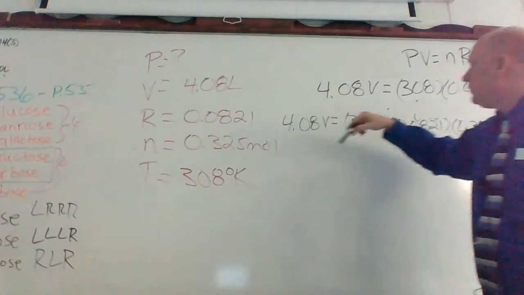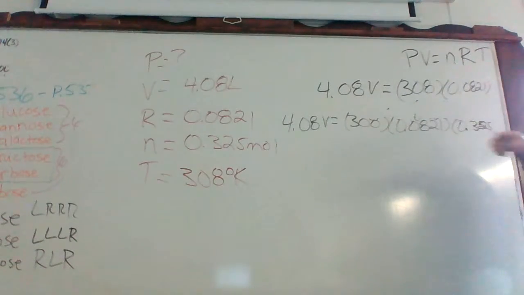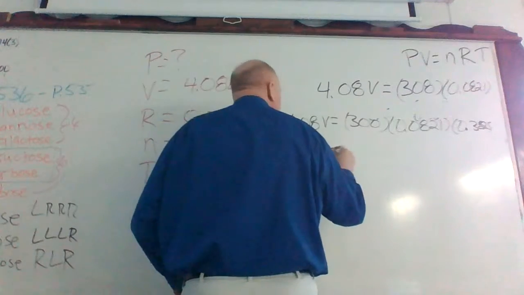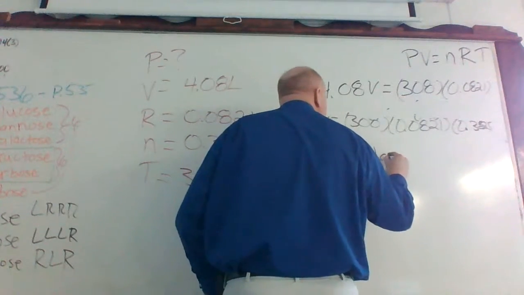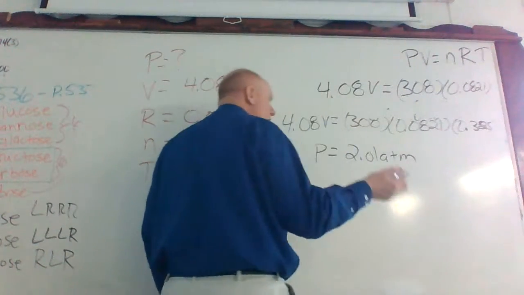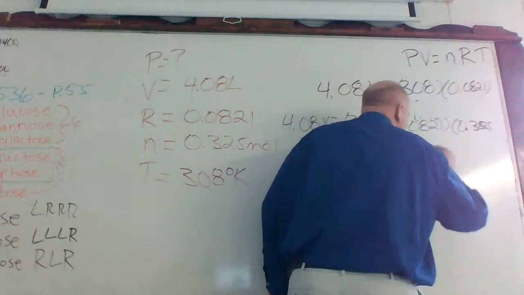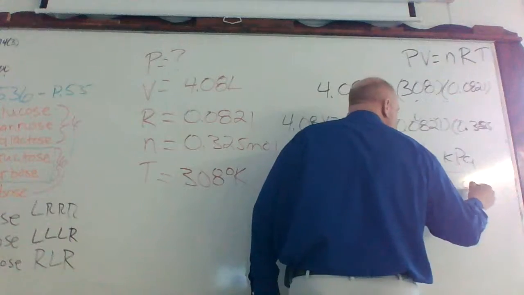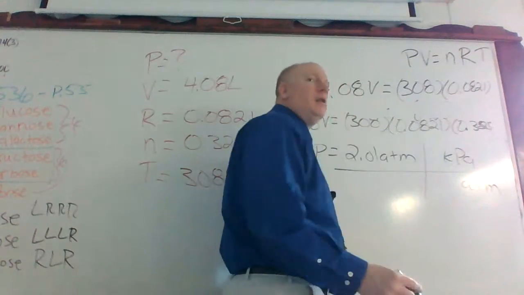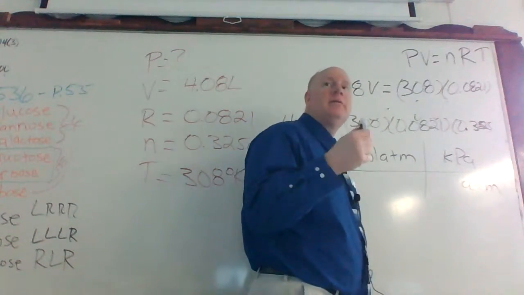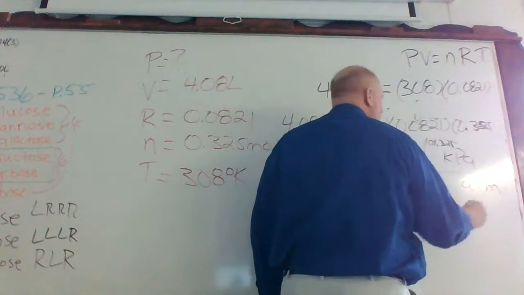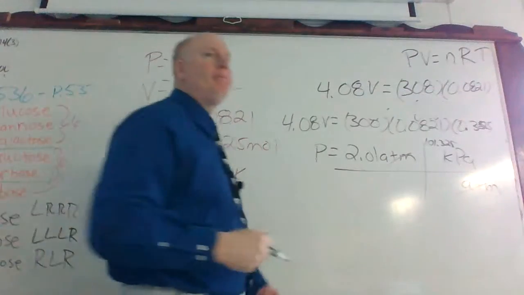In this case, we said it was 2.01 atmospheres in practice problem number 1. So if you want it in kilopascals, what do we need to do for this conversion? 101.325 kilopascals for every atmosphere. Yep, that's correct.